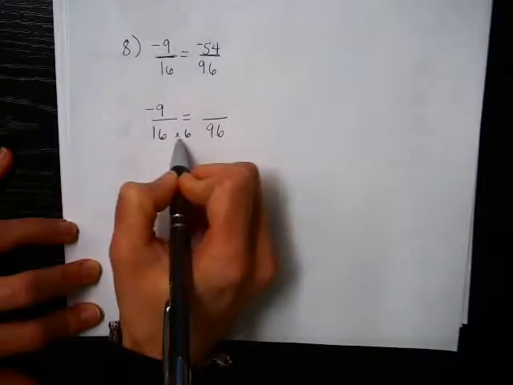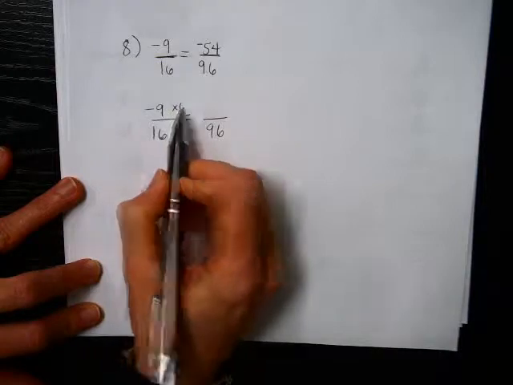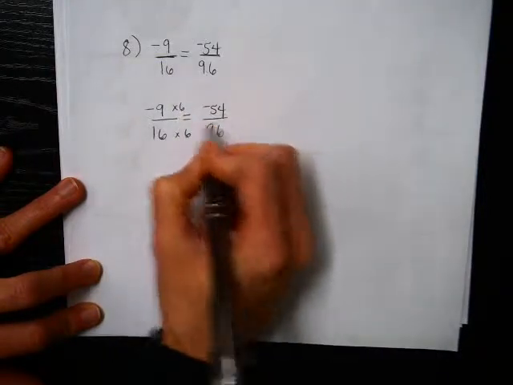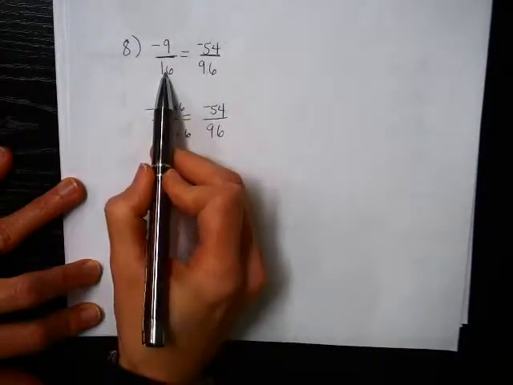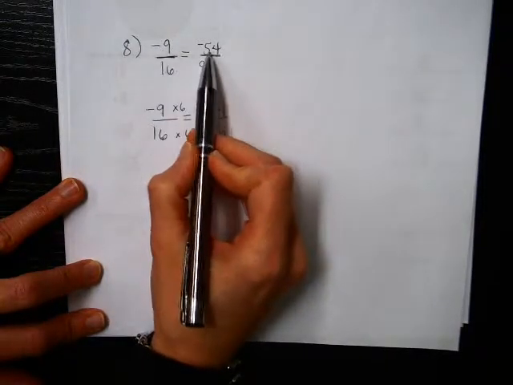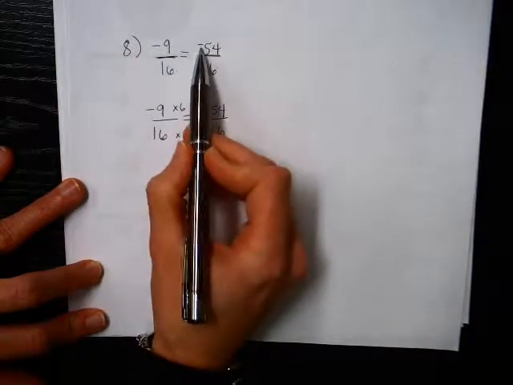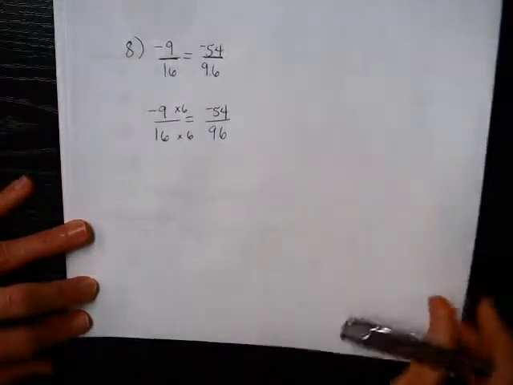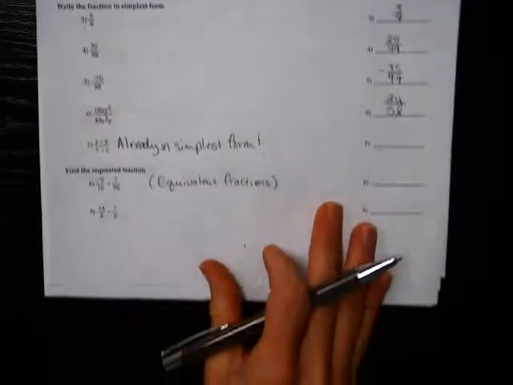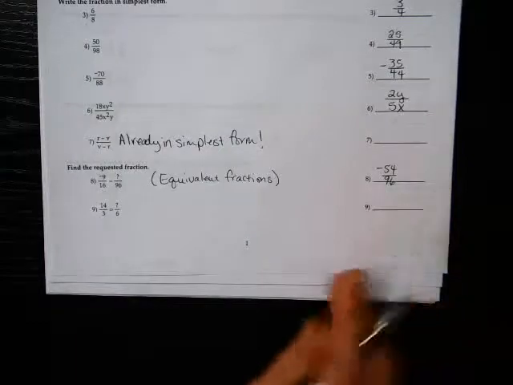And so if I multiplied the bottom, or the denominator, by 6, then I had to multiply the top by 6 as well. So either way you think about it, 16 goes into 96 6 times. 6 times -9 gives me -54, which is the way most people are taught to find these missing numbers in a fraction. So for number 8, the missing number was -54, so that would be -54 over 96.